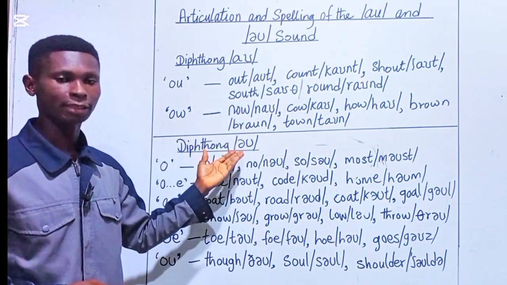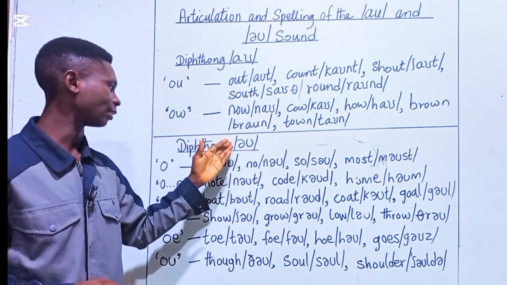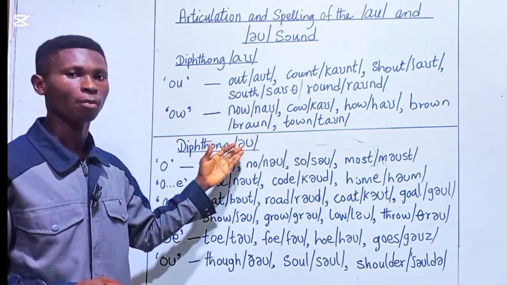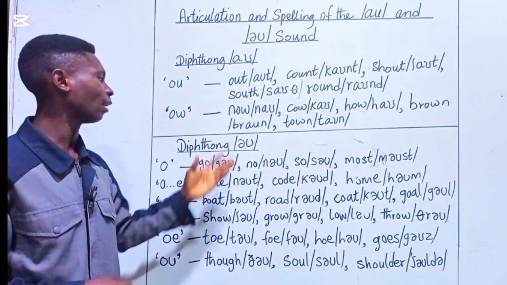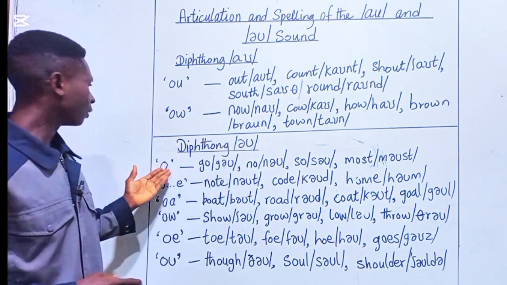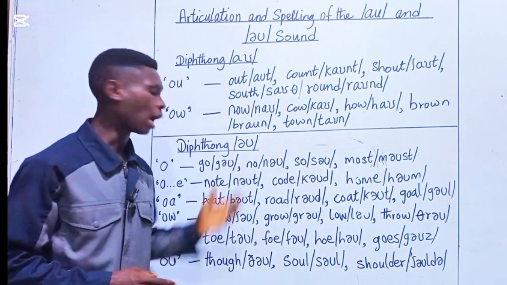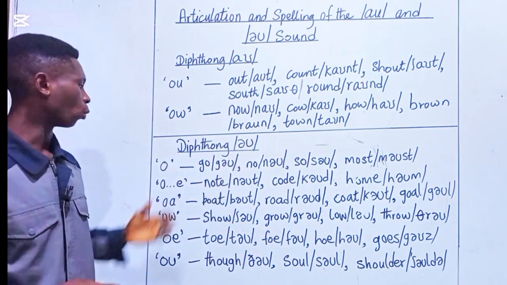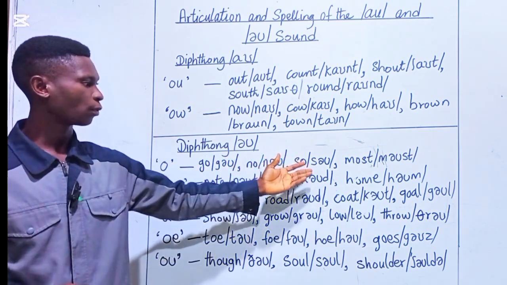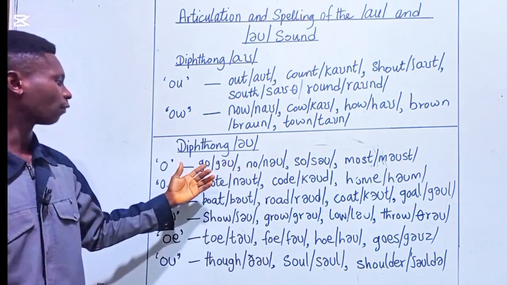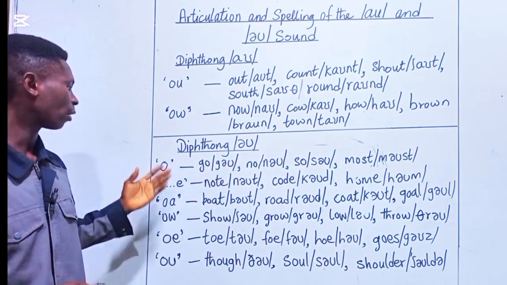That's why this is known as a glide, because the tongue will glide from where you have the schwa sound to where you have the /ʊ/ sound. So we have /əʊ/. The first spelling for the /əʊ/ sound is the letter O, as in go, no, so, most. So in place of O in these words, we have the /əʊ/ sound.